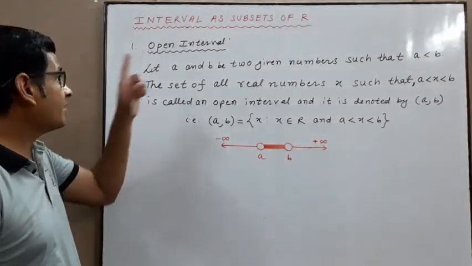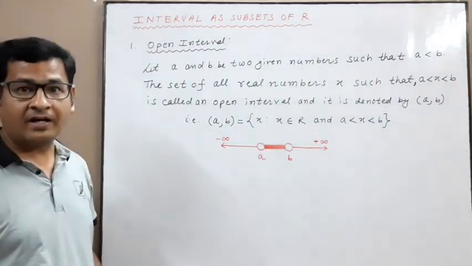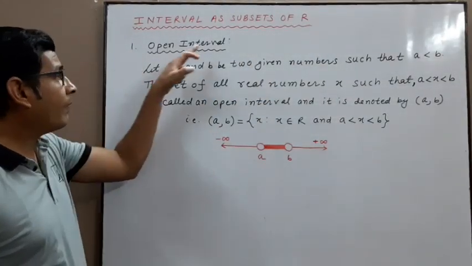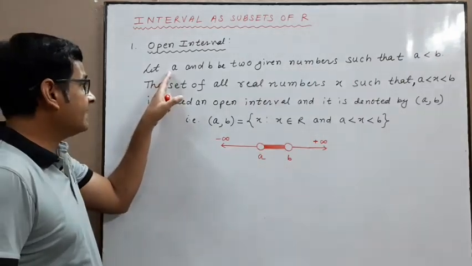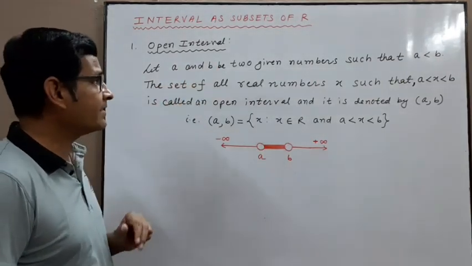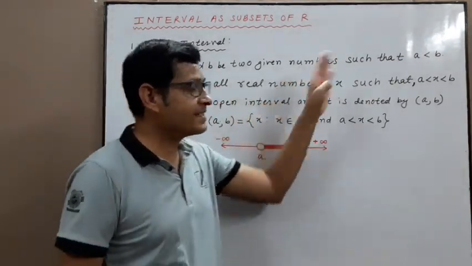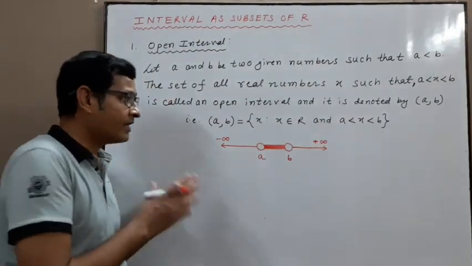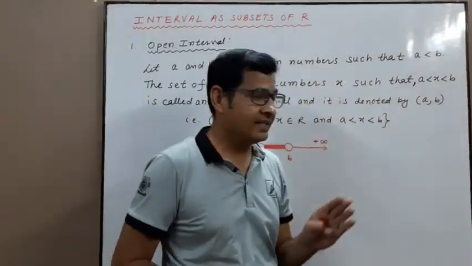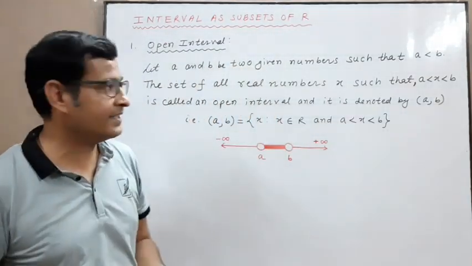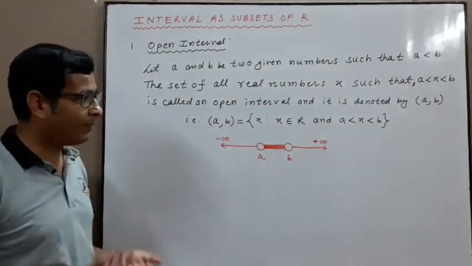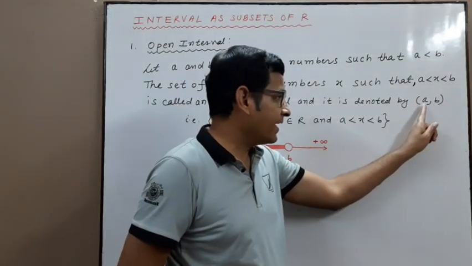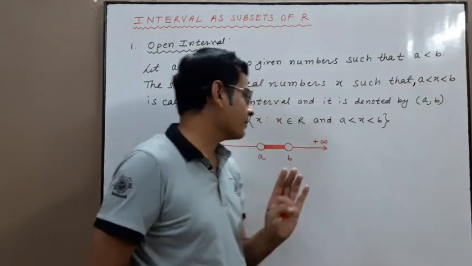Next, intervals as subsets of R, the real numbers. Number 1, open interval. Let A and B be two given numbers such that A is less than B. The set of all real numbers X such that X is greater than A and less than B is called an open interval, and it is denoted by (a, b) with small brackets.